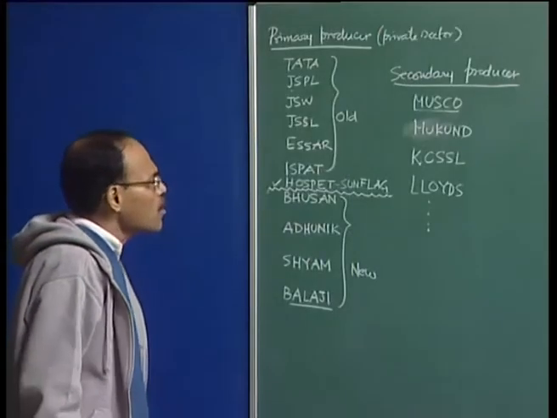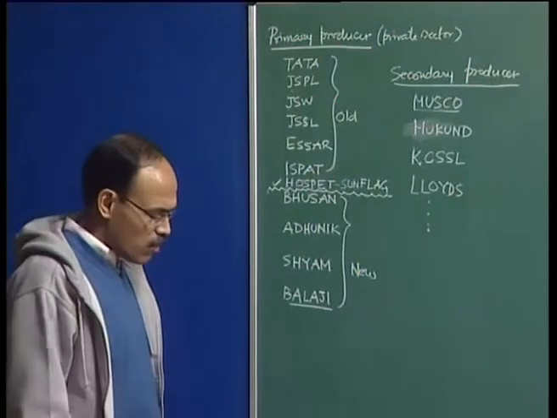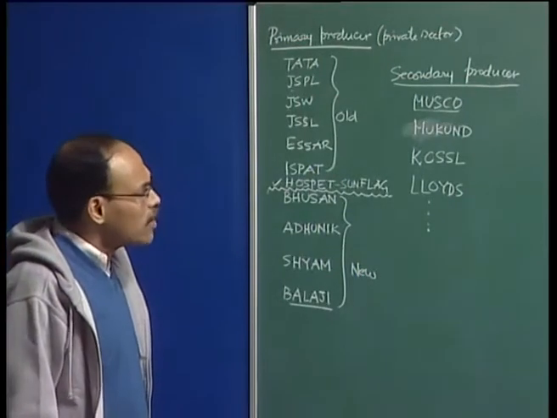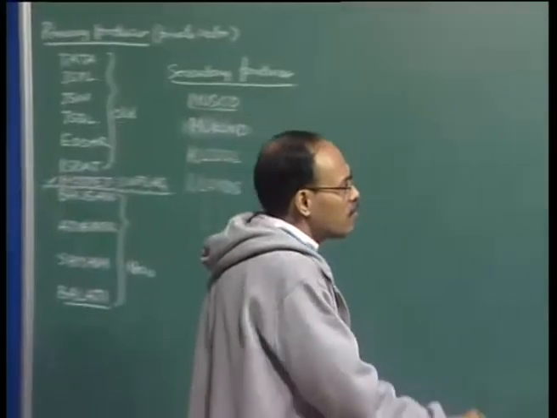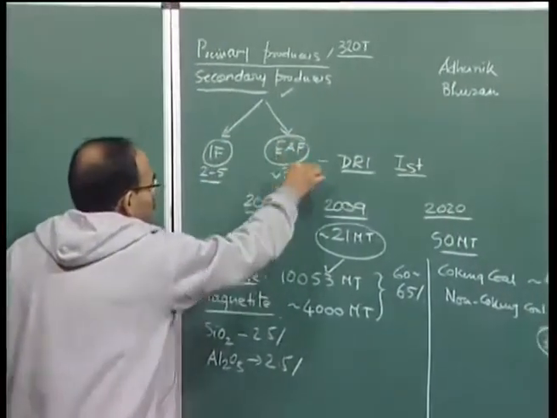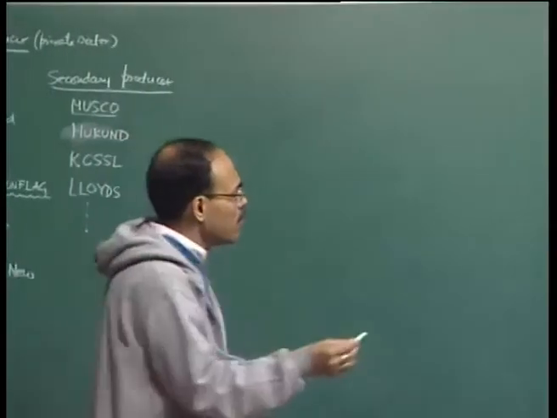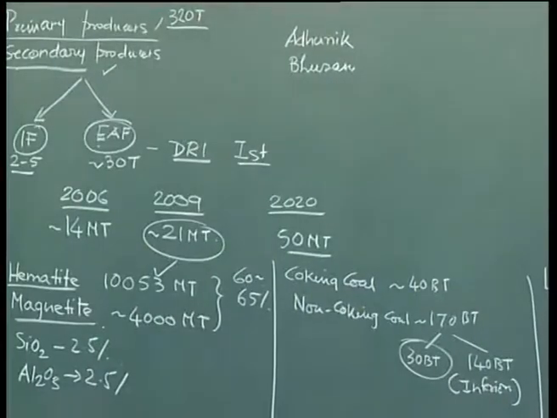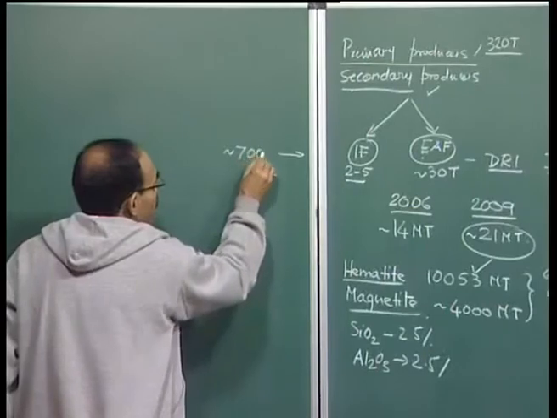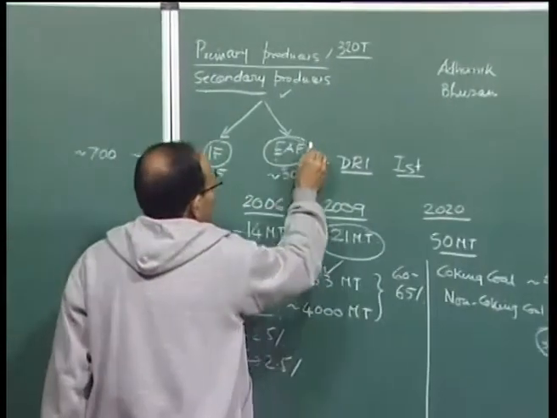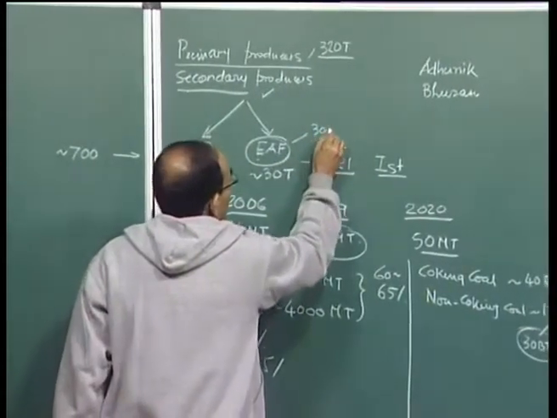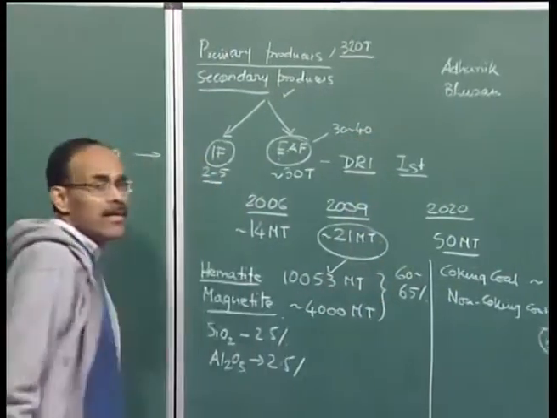Now, one important aspect about secondary steel production is why the arc furnace steel making has not really grown in India. If you look at the number of induction furnace facilities, they are roughly about 700. On the other hand, you have barely 30 to 40 electric arc furnaces in India.